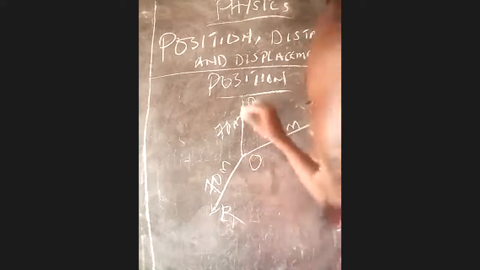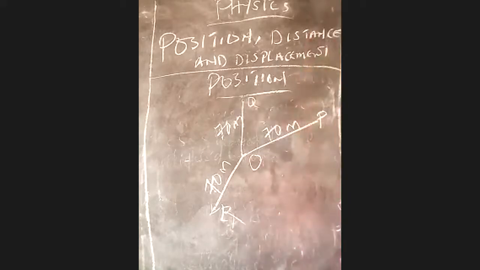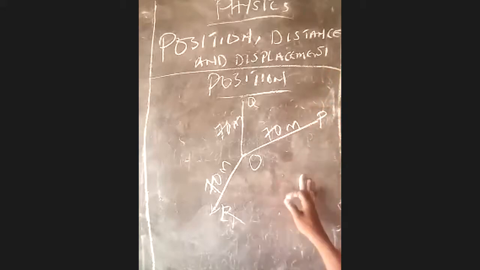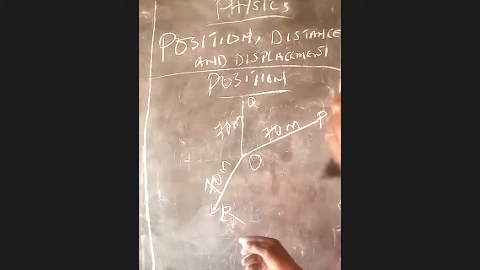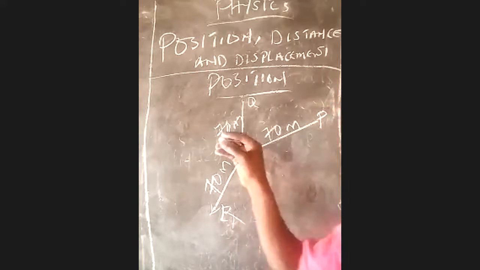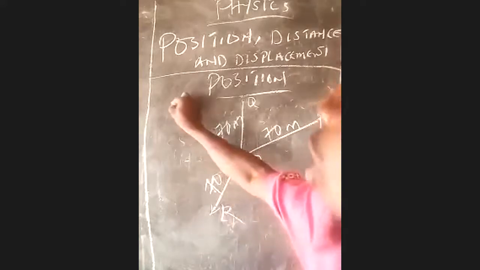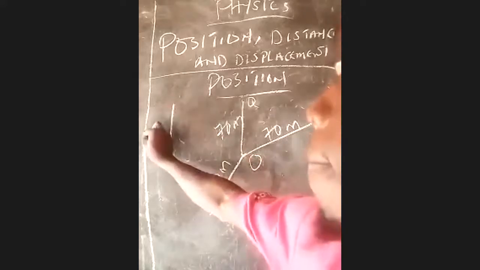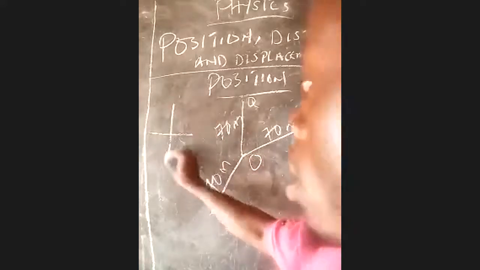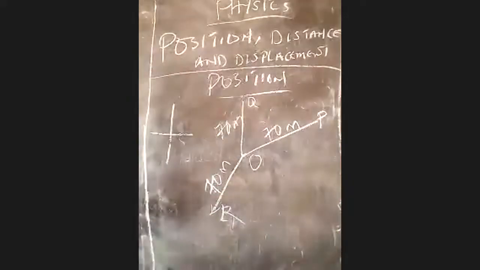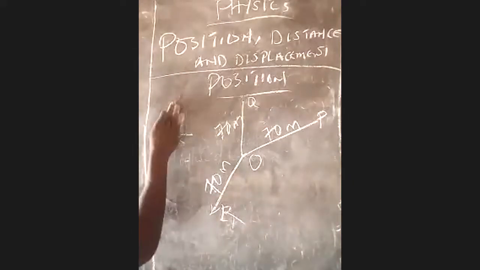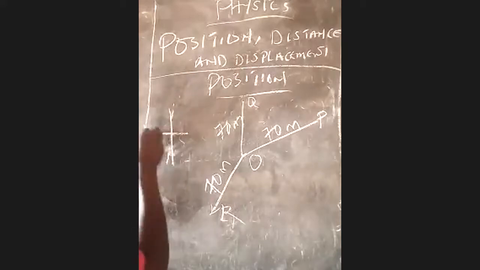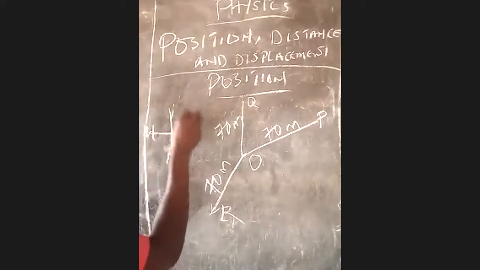Do not forget that any moment you are dealing with any angle that you are given in this form, you have to draw your 4 cardinal points, because that will help you a lot in solving them. Here is west, east.